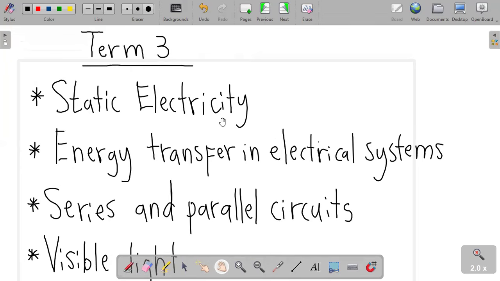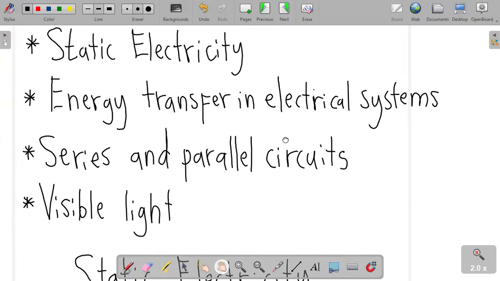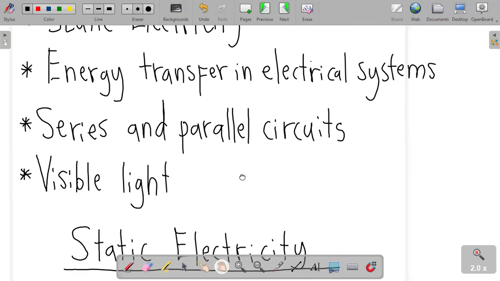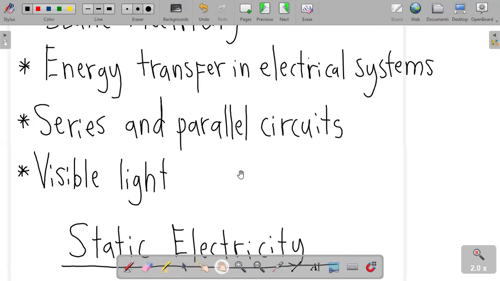So let's not waste time and let us get into static electricity. For static electricity, we must remind ourselves about the atomic structure. How does the structure of an atom look from term 1?